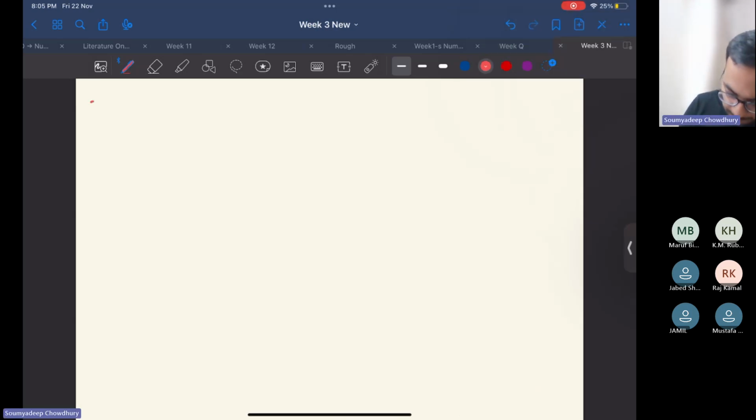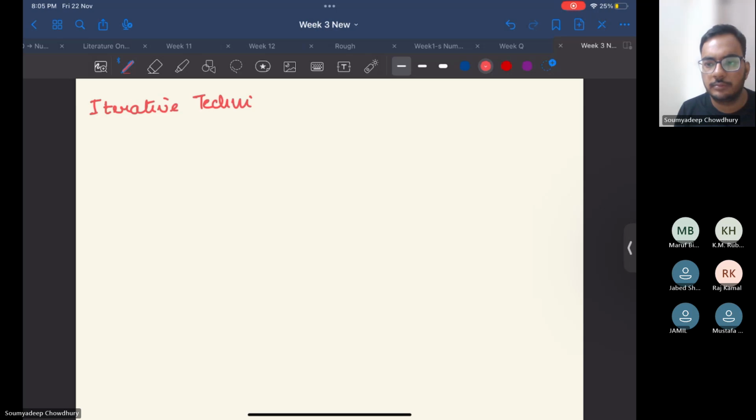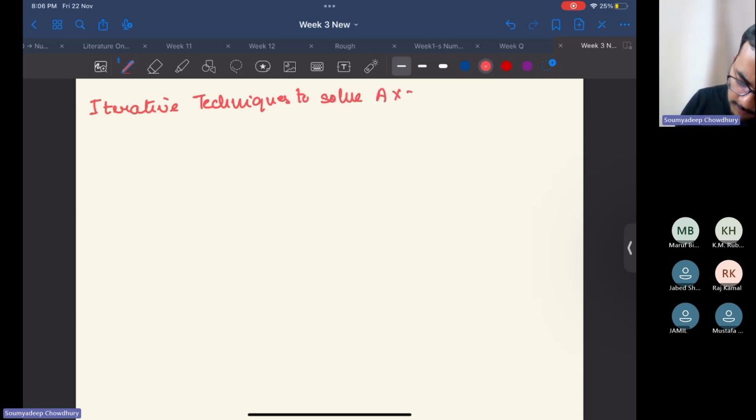The heading: iterative techniques to solve Ax equals to b. Okay.